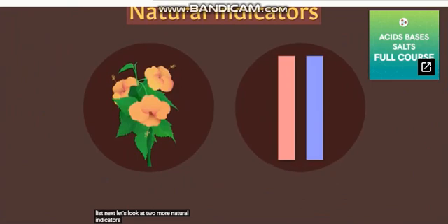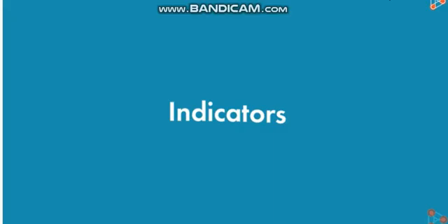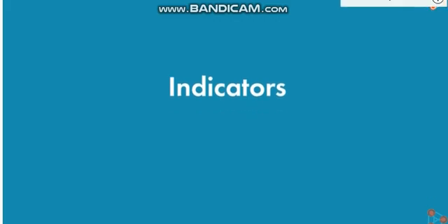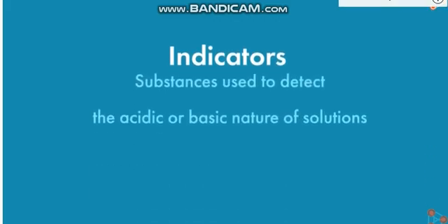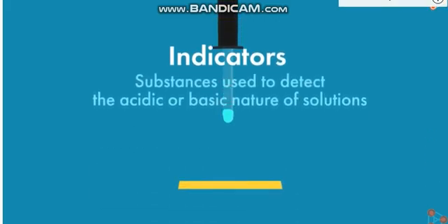For example, we have natural indicators like hibiscus or China rose petals and the lichens. So what are indicators? Indicators are those substances which are used to detect the acidic or basic nature of solutions.